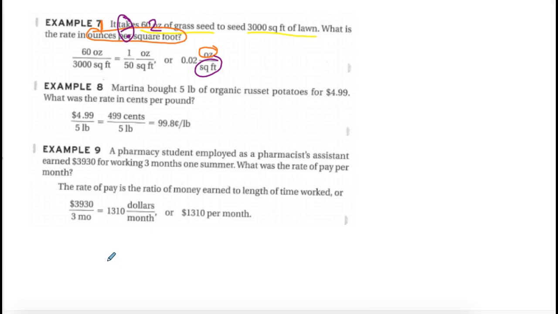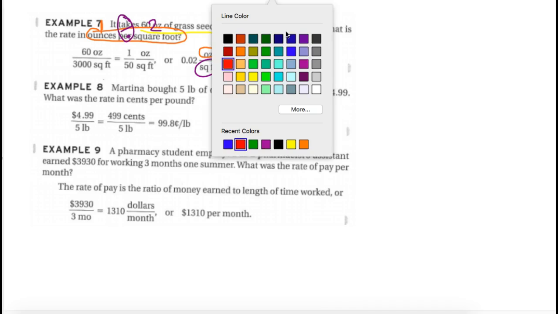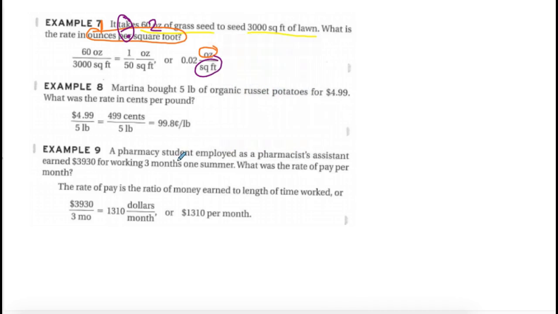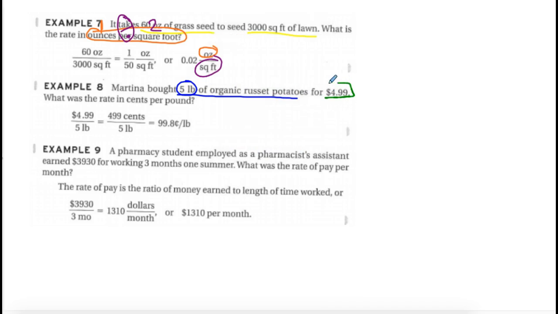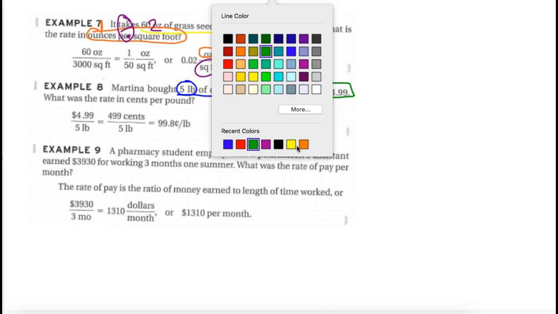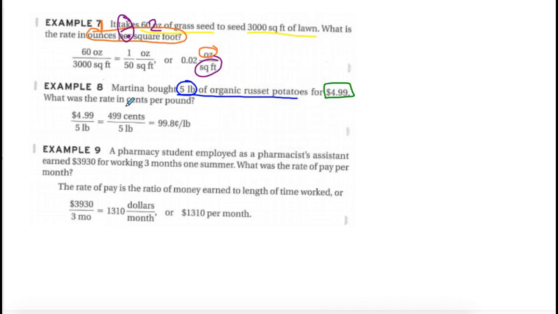Okay, so grocery shopping. I'm assuming some of you have done either your own or grocery shop for your whole family. If you bought a 5-pound bag of potatoes, so we have 5 pounds, and then it gave us the amount of money. Does that make sense? Then if we look at what's asked, it says cents per pound.